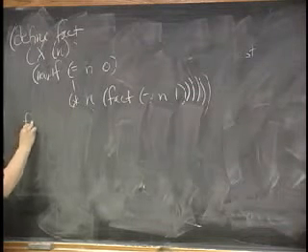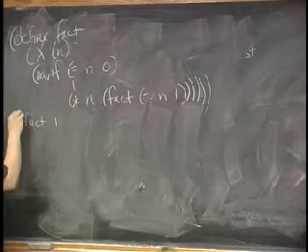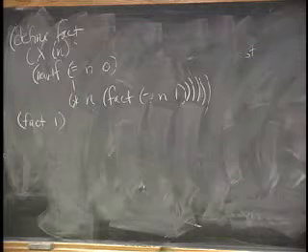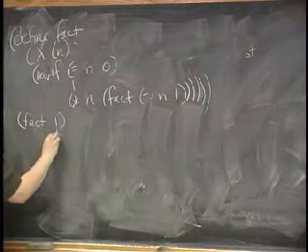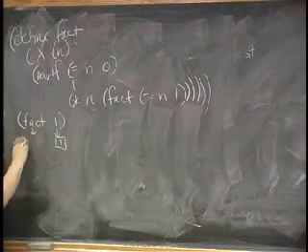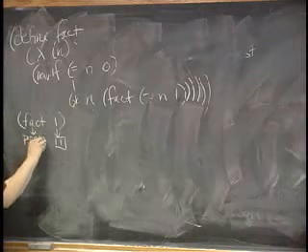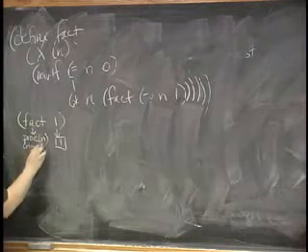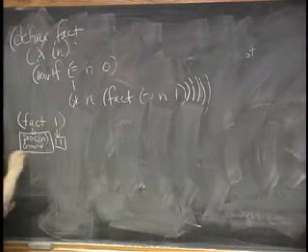Let's try out fact of 1. Prevent us from going through this forever. Fact of 1. This is a procedure of 1 argument, which does new if. Apply this to that.